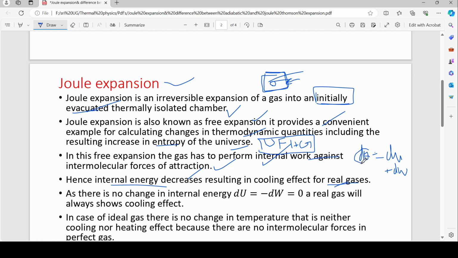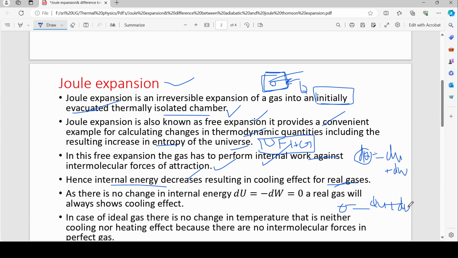Here dQ is 0. Why? Because it is a thermally isolated chamber, so heat is constant, and when a constant quantity is differentiated, it becomes 0. So 0 = dU + dW.